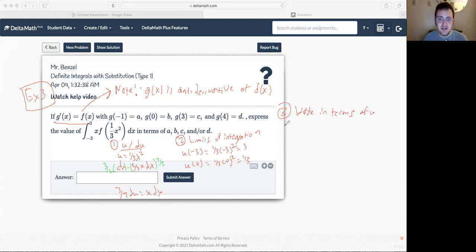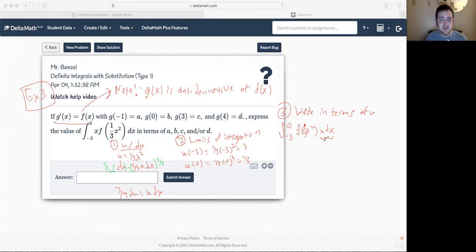All right, so for what we would do here, I'm actually just going to do the step where I'm changing the order first, but not changing it into u yet, just so people can see where our initial u setup is coming from. So we've got a 1/3 x squared x dx.